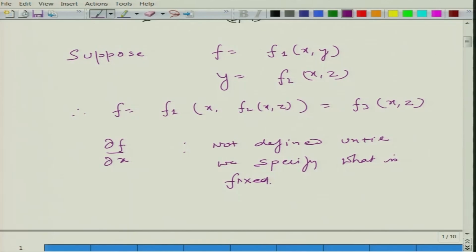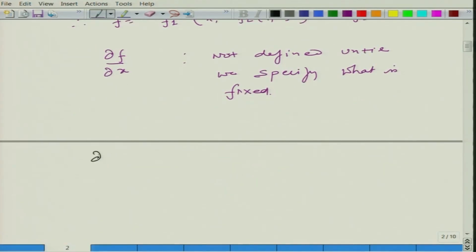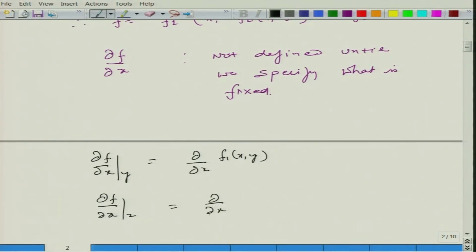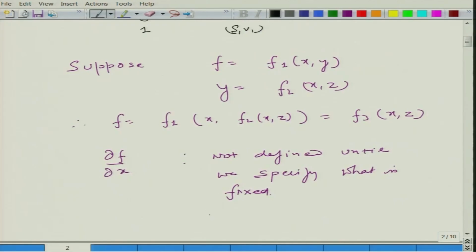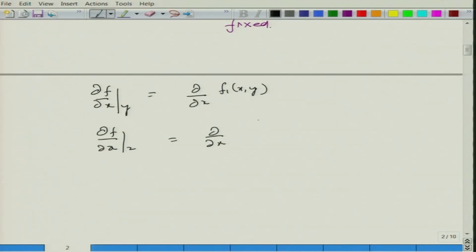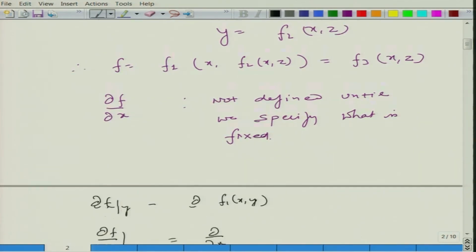So for example, if you say that del f by del x is at constant y, then essentially I am going to write this as del by del x of f1 of x. Similarly, del f by del x at constant z is going to be del by del x, and in that case f can also be written in terms of x and z, that is f3.